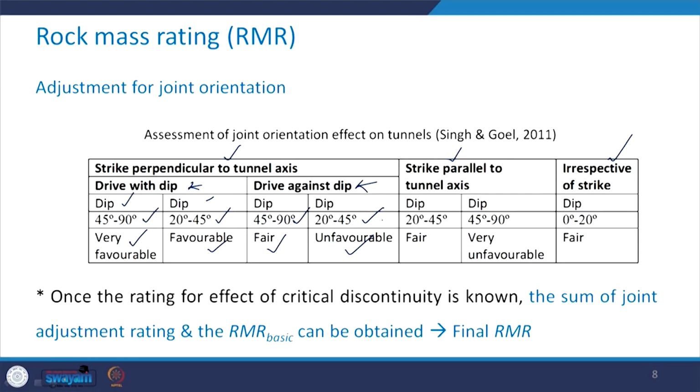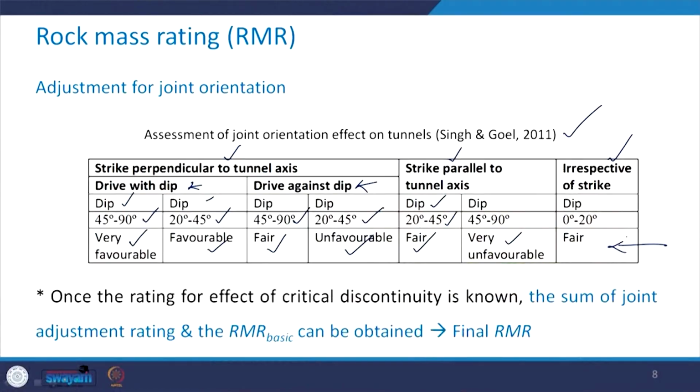Similarly, for case C, where the strike is parallel to the tunnel axis, if you have a dip between 20 to 45 degrees, it is fair, otherwise it is very unfavorable. So this table gives us the idea of how to decide whether the orientation of the joints is very favorable, favorable, fair or unfavorable for the driving of the tunnel.